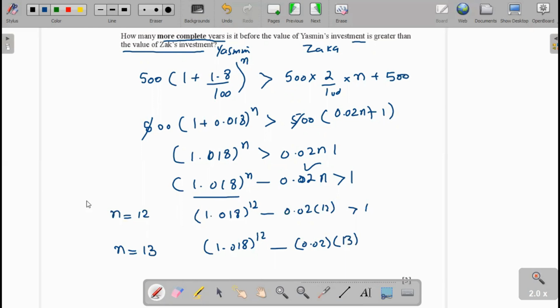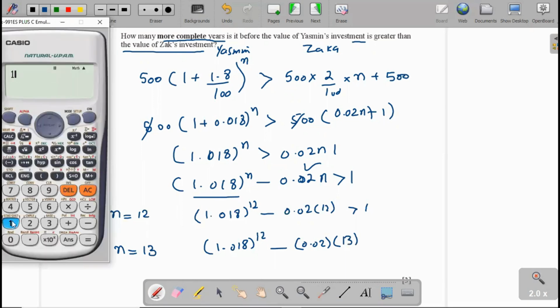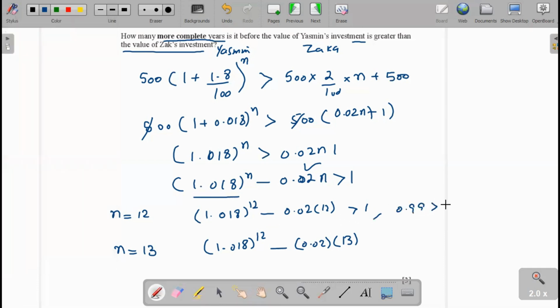You see here, this is 1.018 power 12 minus 0.02 multiply 12. The answer is 0.998. It is greater than 1 is not possible.